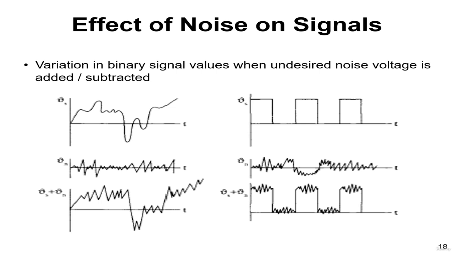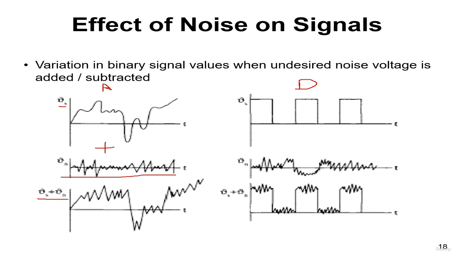The one on the left is an analog signal, whereas the one on the right is a digital signal. This is our source signal, theta s. This is an analog signal, whereas this is a noise, which is added to it.